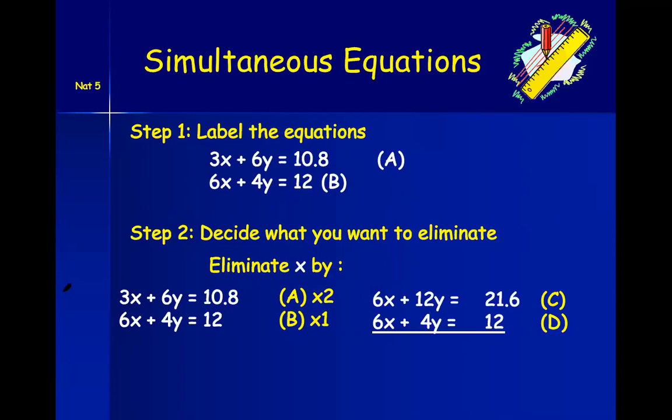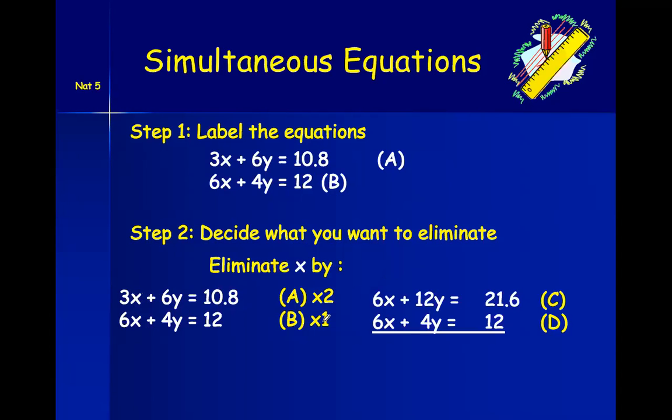And that makes sense, because if you had 3 lengths of x plus 6 lengths of y, and it's only 10.8 centimeters, if you double your necklace length by doubling the number of beads and pearls, you will double the length of the necklace as well. So that might give you a wee hint looking at it physically.